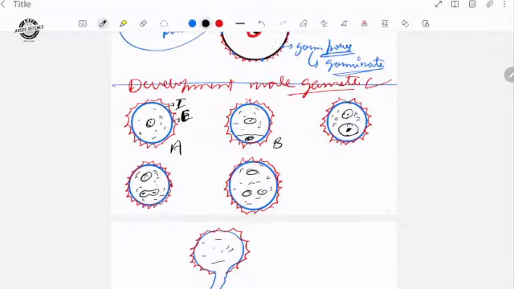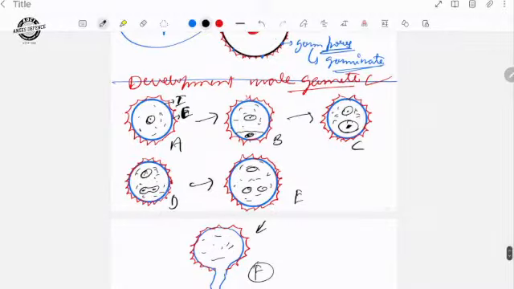This is A, this is B, this is C, this is D, this is E, and this is the final A. This is how the formation is going to occur. In the second process, one development, sorry, not vegetative, this is termed as generative. Generative means the male gamete is going to develop from this only.